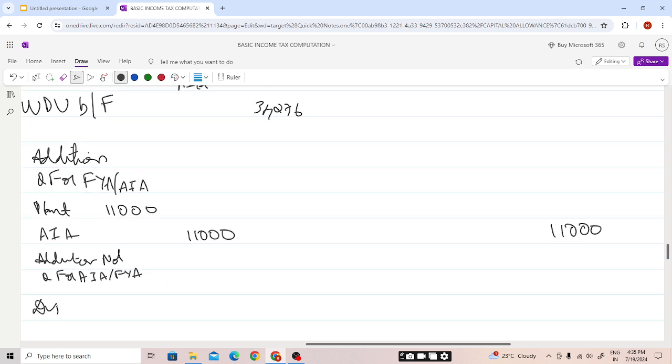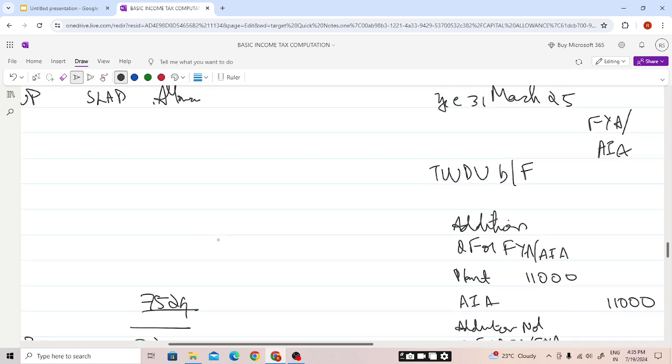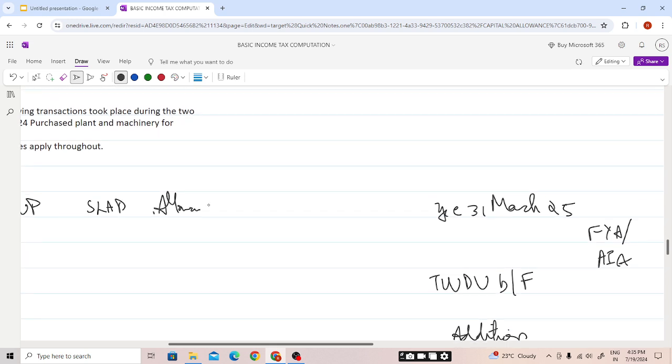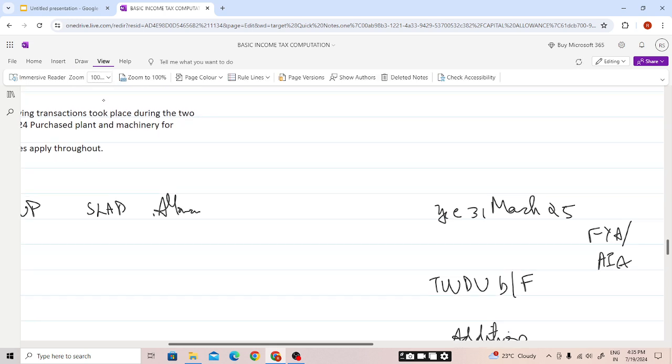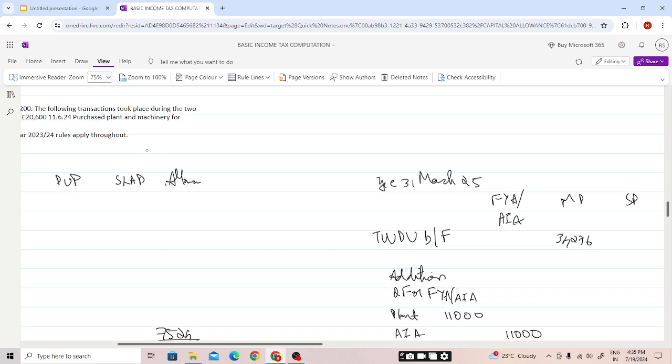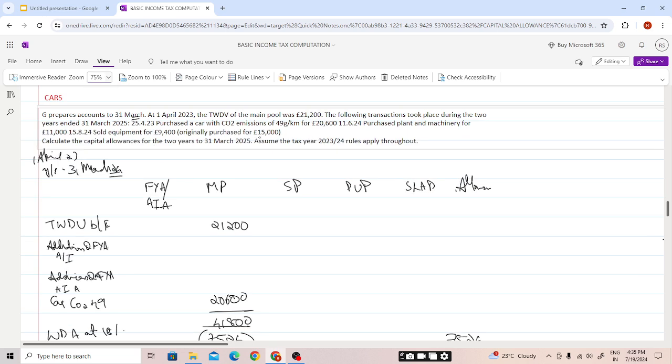Now we have a disposal. Disposal will be at the lower of two things students: lower of cost or disposal proceeds. So students, original purchase was 15,000 and equipment sold for 9,400.